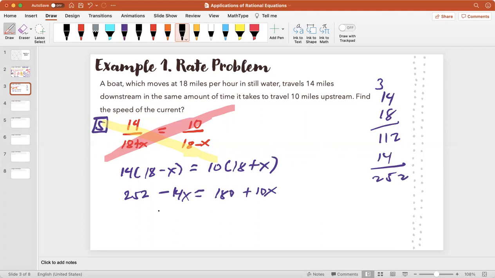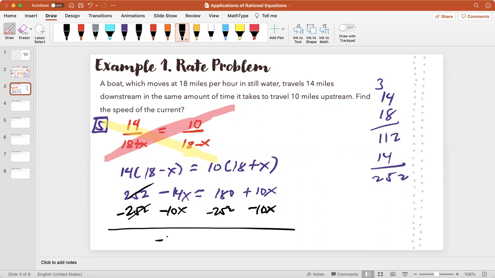So we subtract 10x from both sides. We also have to get rid of the constant term 252, so we subtract 252 from both sides. This is now 0. This is negative 24x. And what is 252 minus 180? It's 72. So negative 72.